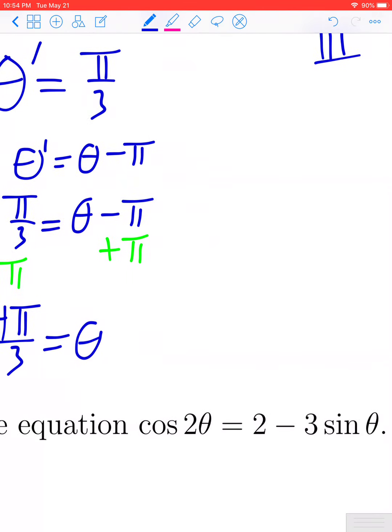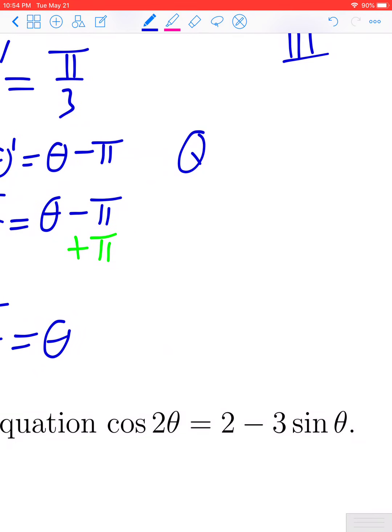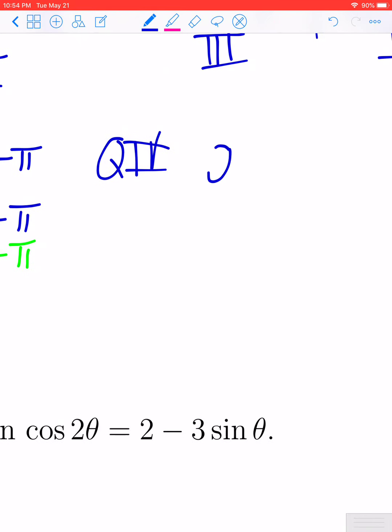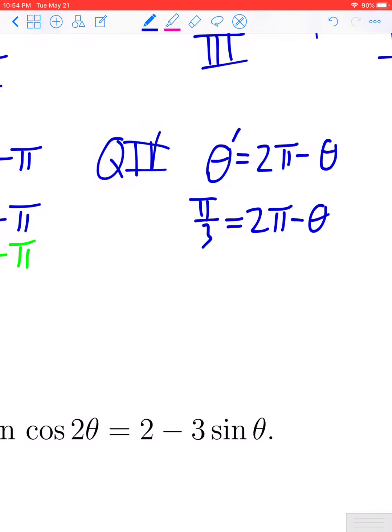There should also, as we mentioned a moment ago, be another angle in quadrant 4. The reference angle in quadrant 4 is found by doing 2 pi minus theta. The acute reference angle is that pi over 3. And this will allow us to solve for that fourth quadrant angle theta.